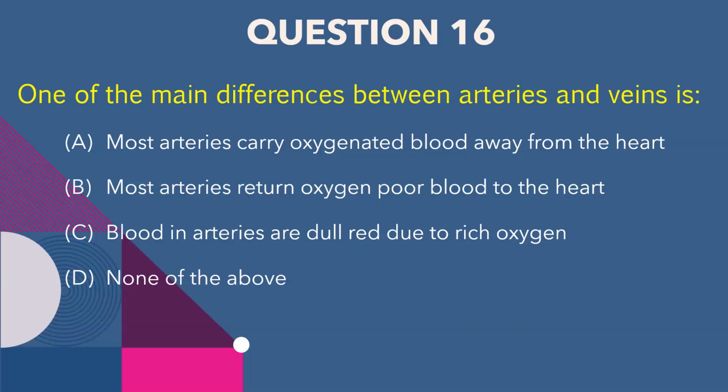C, blood in arteries is dull red due to rich oxygen. D, none of the above. I believe you have made your choice. You have written it down and then getting ready for question 17, which is next.